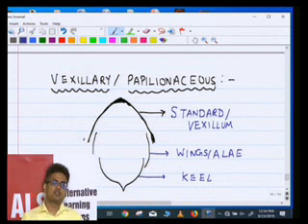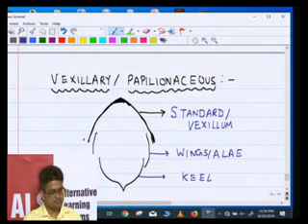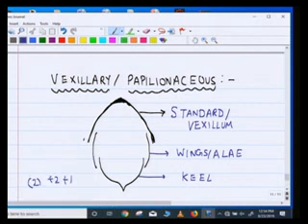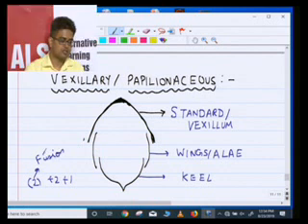There are five petals. It is represented like this: 2 plus 2 plus 1. Four petals in appearance, but two petals are fused. So the bracket represents fusion, and this represents the keel petal.